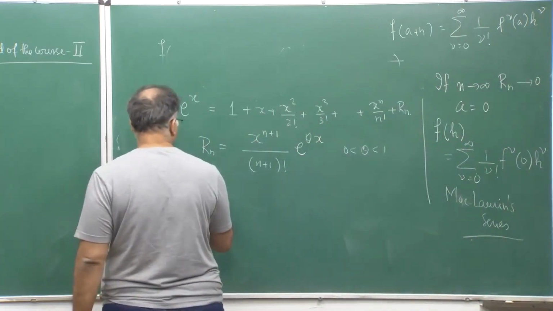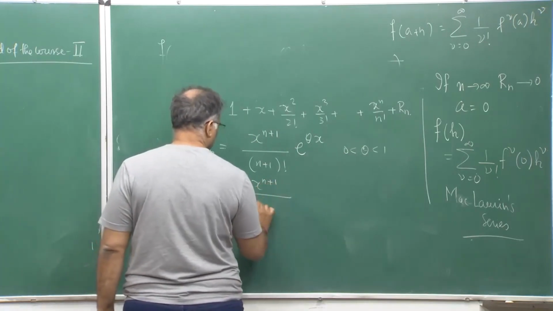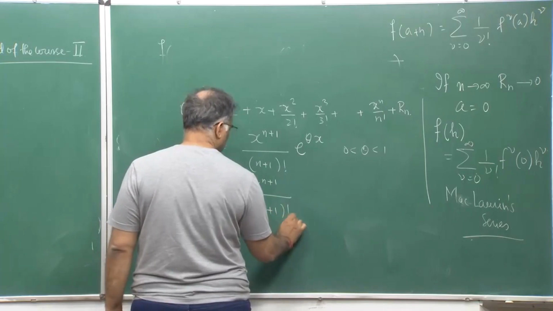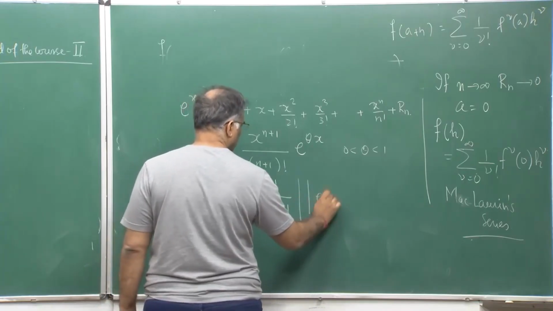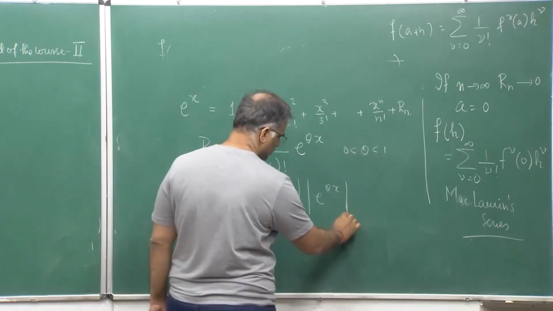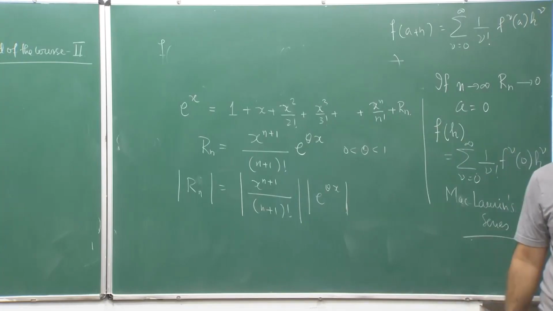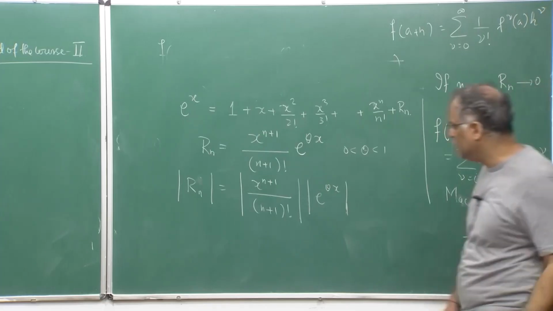Mod R n is equal to mod of x^(n+1) by n plus 1 factorial, times mod e to the power theta x. So, let us look at this quantity first.